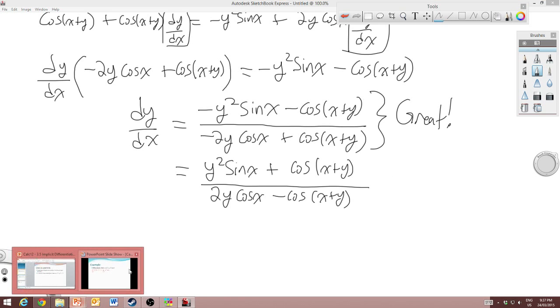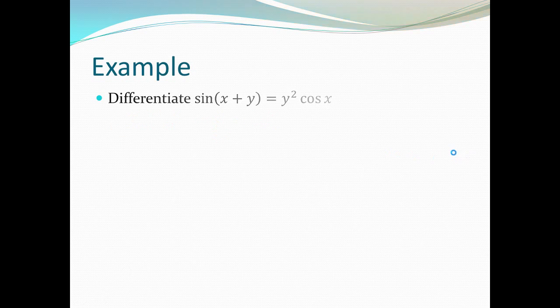Let's go through one more example. Differentiate x e to the y equals x minus y. We'll start off as we did before. I think I can do this all on the PowerPoint slide.